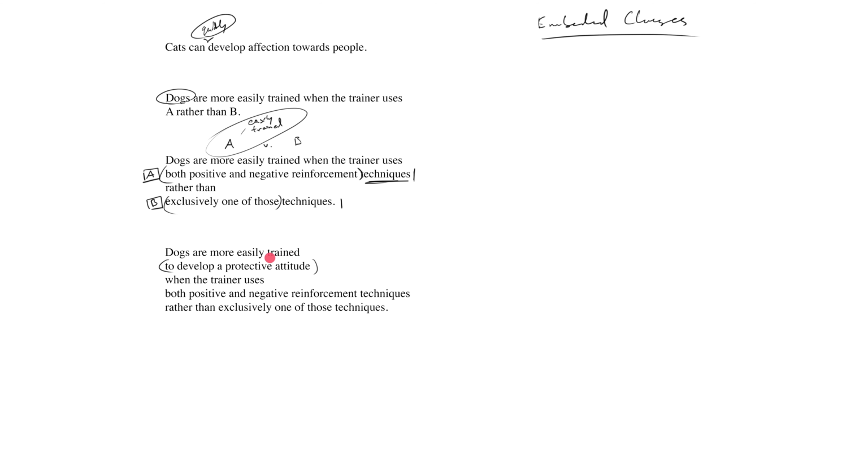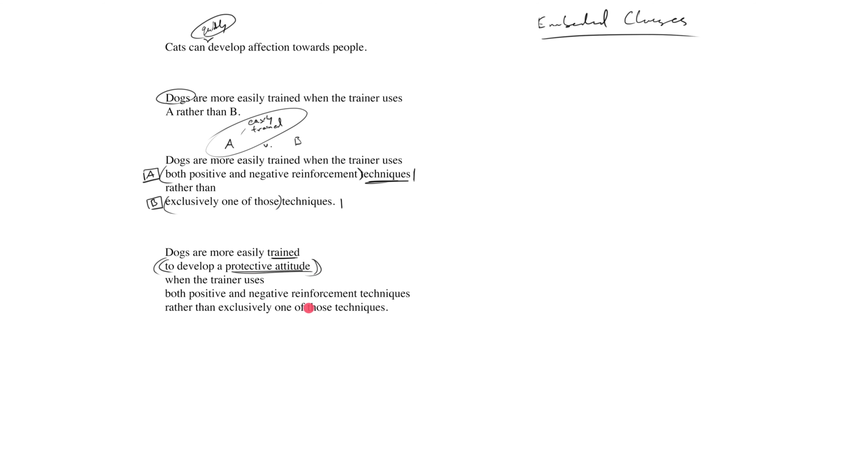What's the aim of this training? We know A results more easily in achieving this training goal than B does, but what is the training goal? That's what this clause reveals to us. Oh, now we know we're training dogs to be protective, to have a protective attitude.